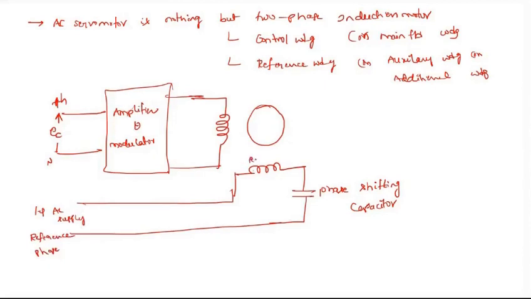This is the control winding, and this is also the control phase, because this phase voltage is given to the control winding. This is the reference phase because this supply is given to the reference winding.